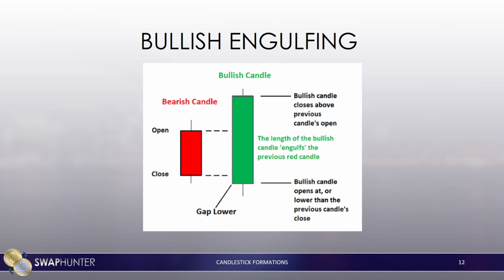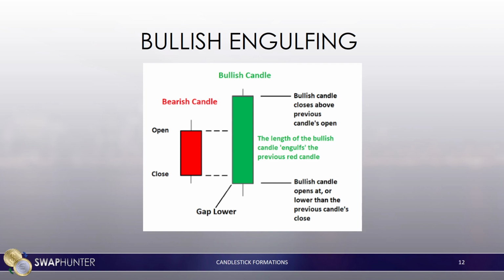There should be a gap lower down on the bullish candle, so it opens a little bit lower or at the same price, ideally a little bit lower, so that we're completely engulfing the body of the bearish candle, or the red candle. Okay, so ideally it opens at a lower price, and it should close obviously above the previous candle's open, or opening price.